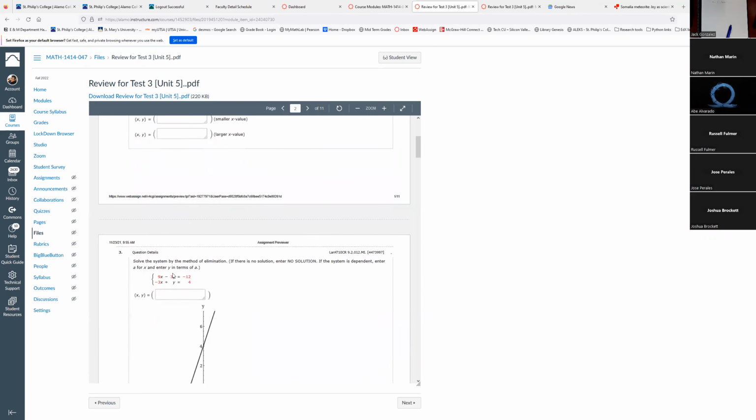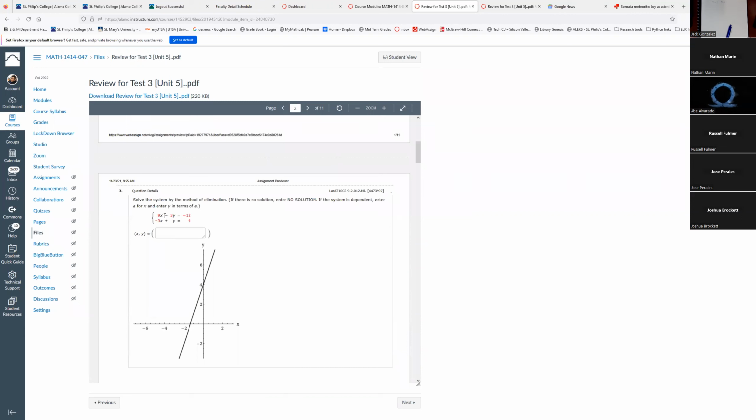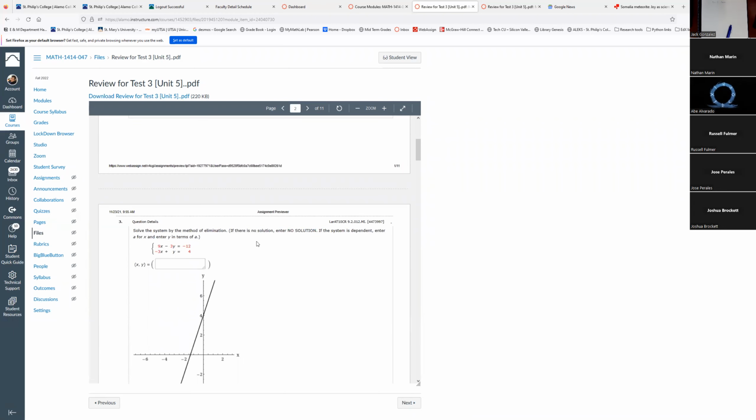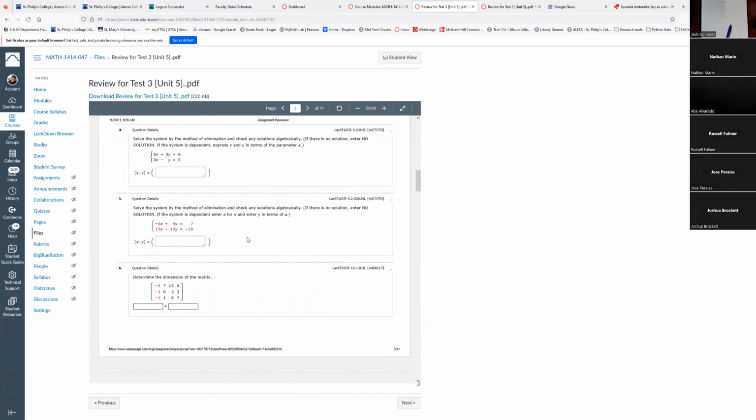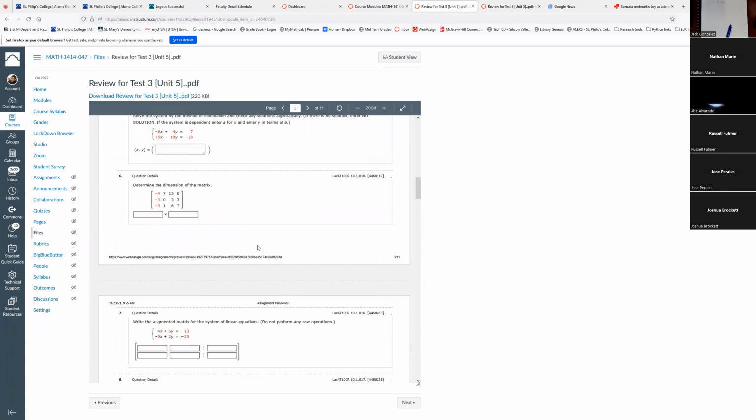But anything else that's linear, you could solve with a solver, or substitution, or of course, elimination. It doesn't matter how you do it. Again, I told you I'm not going to require any work. So it's up to you how you want to do this.